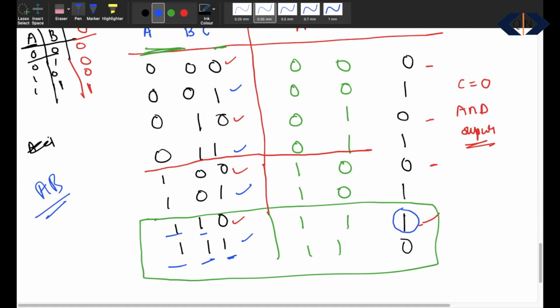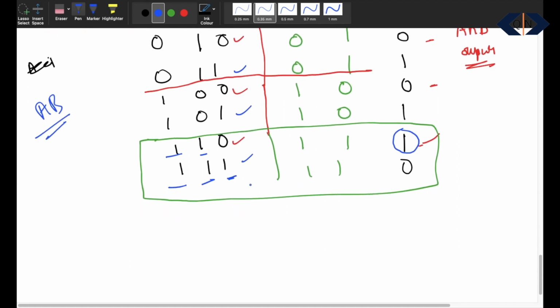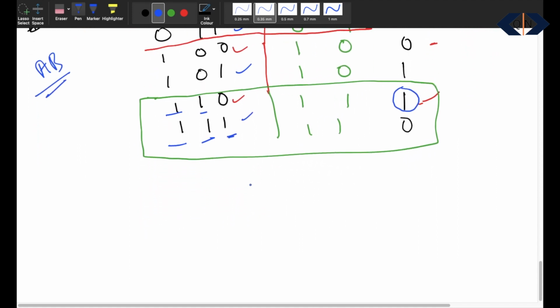Should I write it separately, or are you understanding it here only? That is one thing which is creating a mess. So if this is our A, this is our B, this is our C. When A is 1, B is 1 and C is 0, what output are we getting?